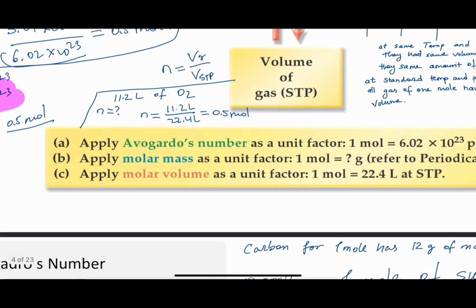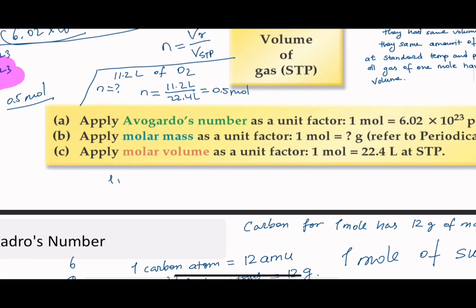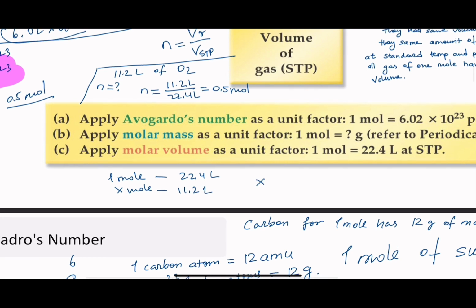Or if you want to do it with proportion, you do 1 mole equal to 22.4 liters, and then X mole would be 11.2 liters. And you do the math, it will be 11.2 liter divided by 22.4 liter, it'll be 0.5 mole. So both ways you arrive at the same conclusion.